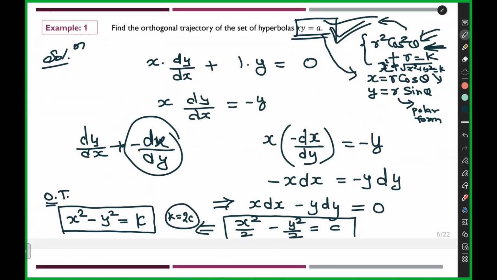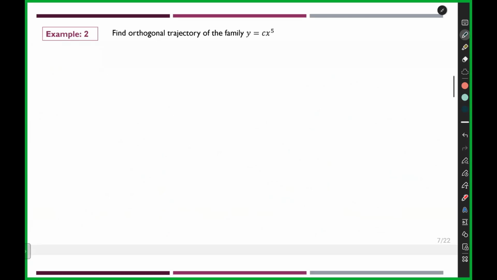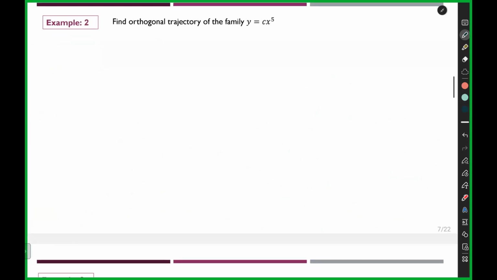Okay. So here it is. We have to find the orthogonal trajectory for the given family y equals c x to the power 5. So how do we approach? We simply differentiate this equation with respect to x. This is 5 times c x to the power 4.